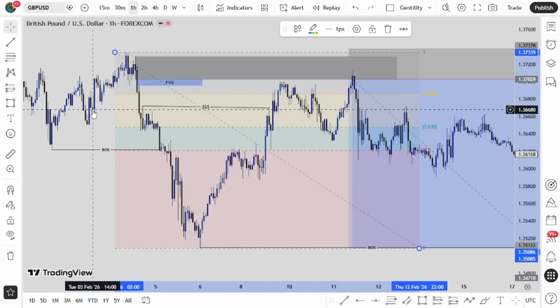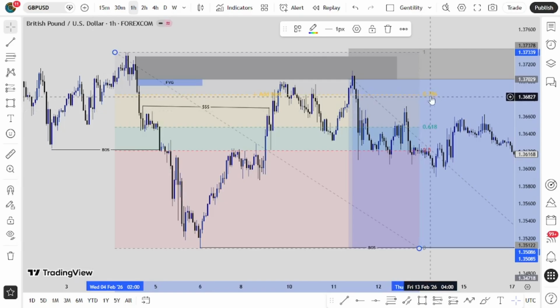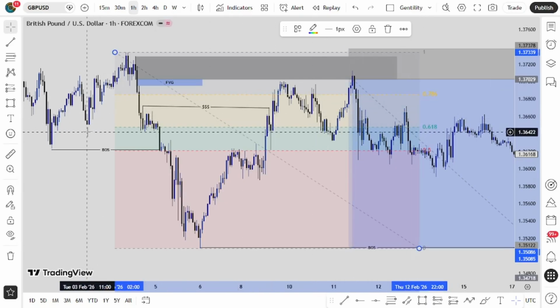Okay, and in our previous video, I told you that if I am looking for premium or discount, I'm always looking at the 78% retracement level, this particular level here, for me to either say, okay, price is expensive enough for me to sell, or price is cheap enough for me to buy. That is if the trend is bullish. Now you can see that in this particular setup, all our confluences were in check.